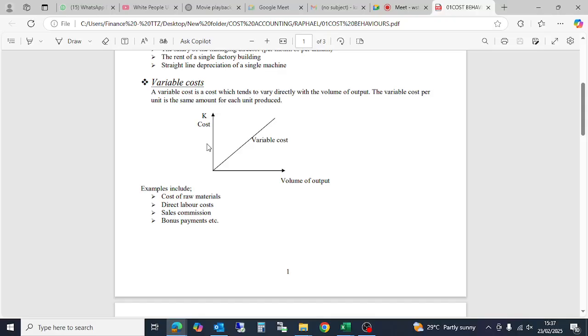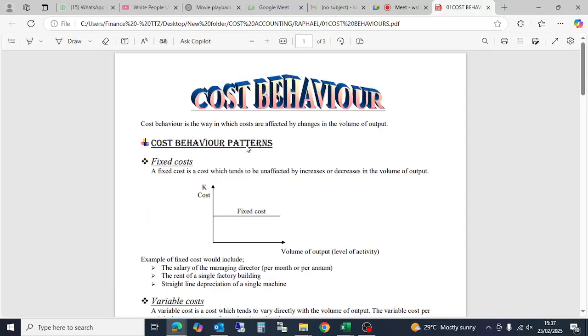I can just share what I've understood. There was an old way of saying fixed cost can't change; it will remain fixed.